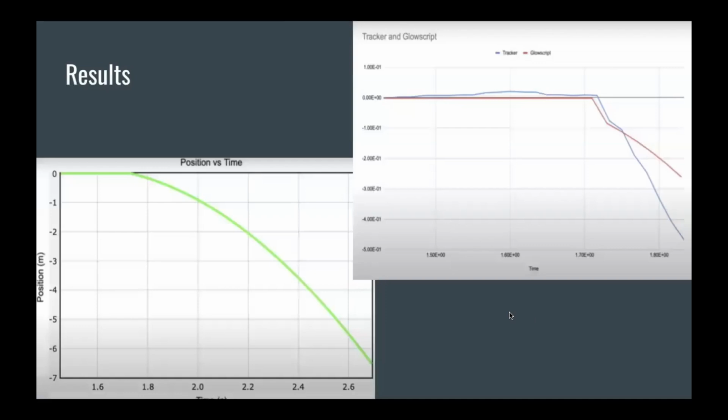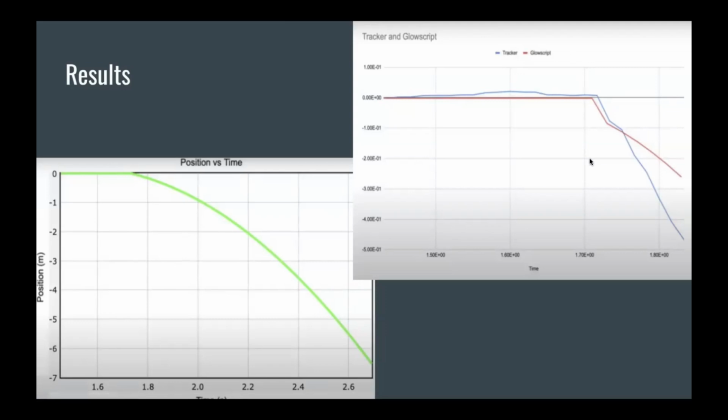Now, time for the actual results. In the bottom left, you can see a position time graph, and that is from the GlowScript graph because before on the tracker slide, you saw the tracker graph. And as you can see, the slope, similar timing, the 1.71.